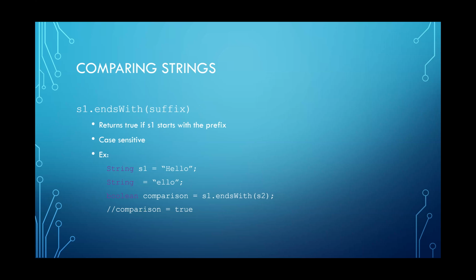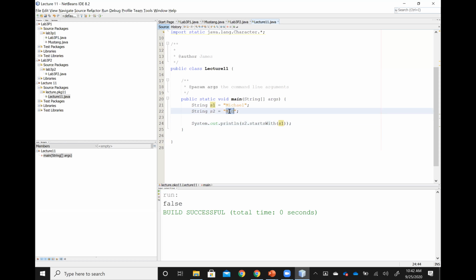We have endsWith, which is pretty much the same concept. Contains, so if this is CH, I want to check if that contains CH. So S1 dot contains S2.